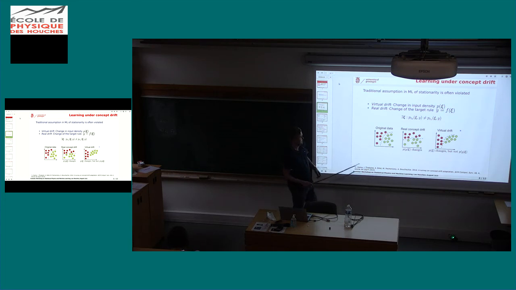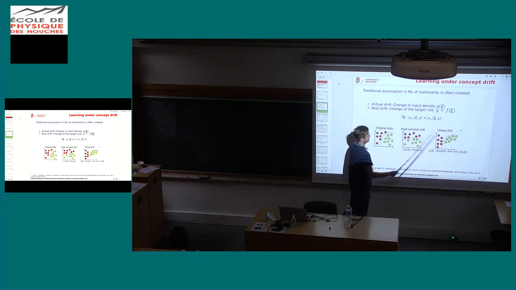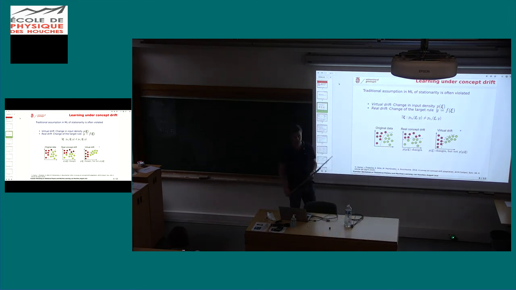So you can have a changing input-output relation. Here in a classification problem, the classification boundary really changes, or the model can get presented with a different density of inputs than it saw in the training data. And so you need some way to account for that.